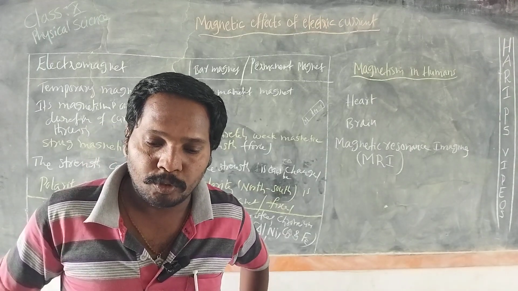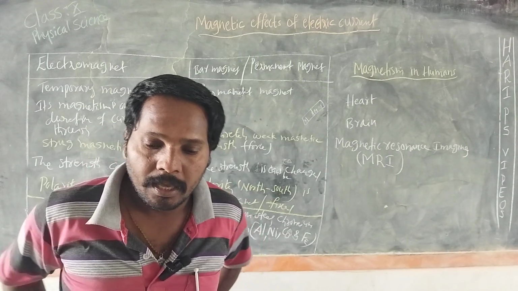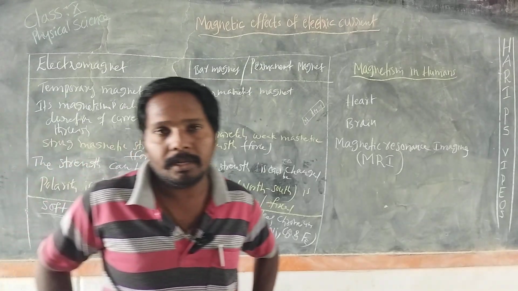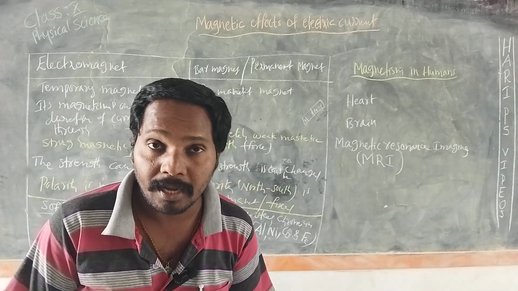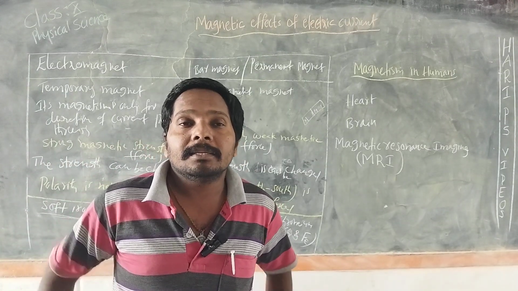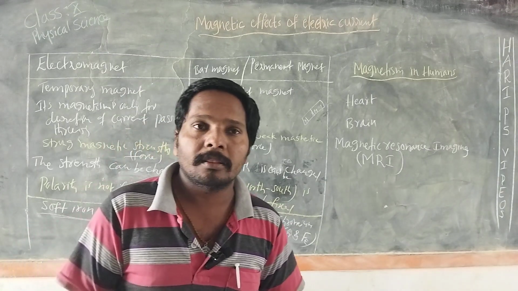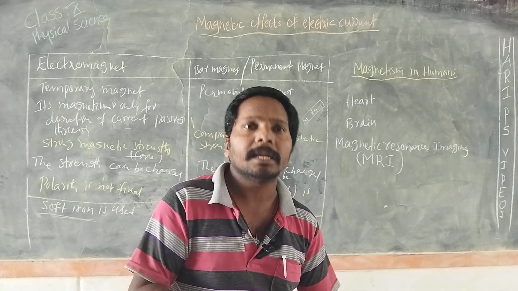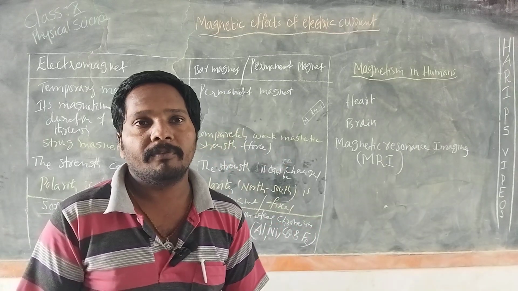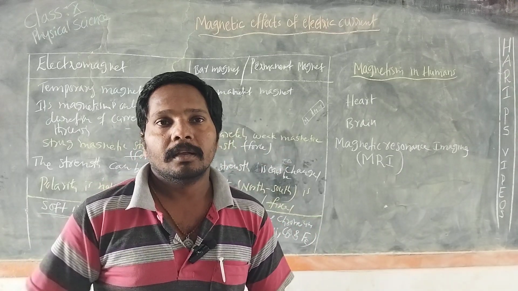So magnetism in the human body is actually electromagnetism, because magnetism is produced by the flow of ionic currents.